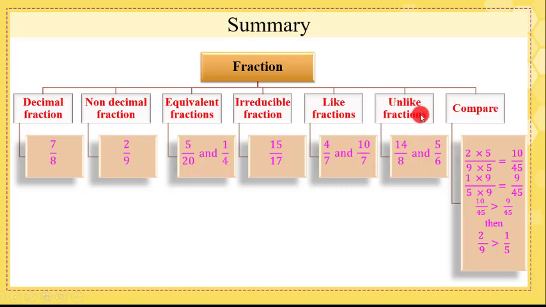Unlike fractions, for example, 14 over 8 and 5 over 6. To compare unlike fractions, change them into like fractions, then compare. 10 over 45 is greater than 9 over 45, then 2 over 9 is greater than 1 over 5.